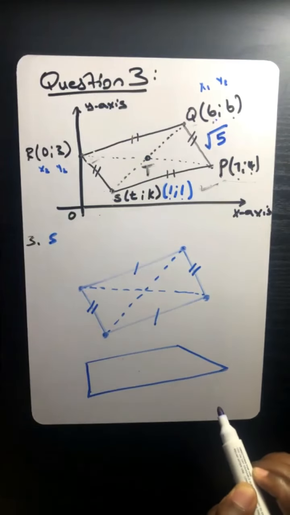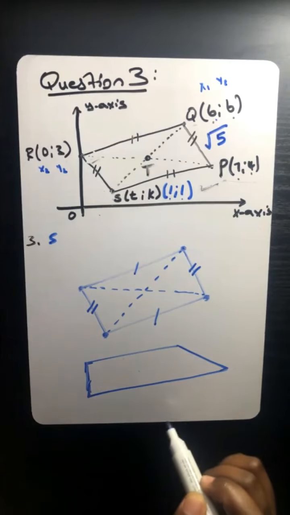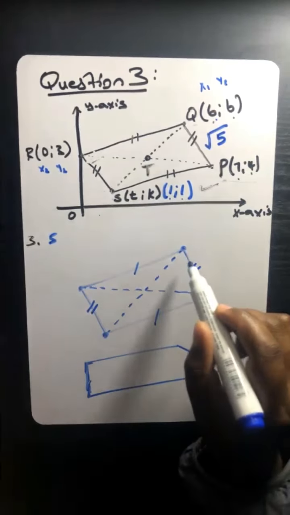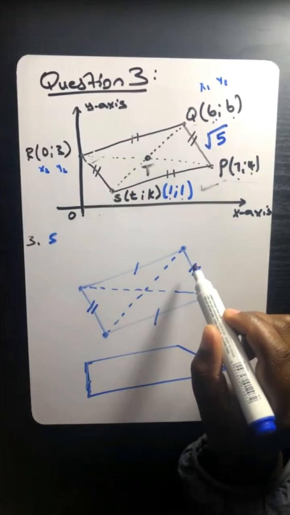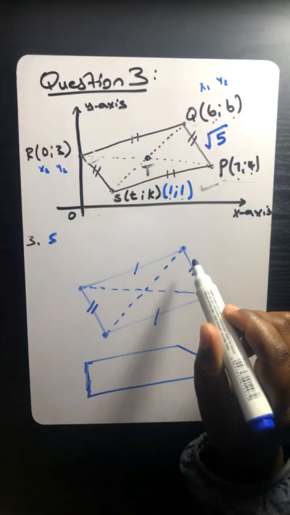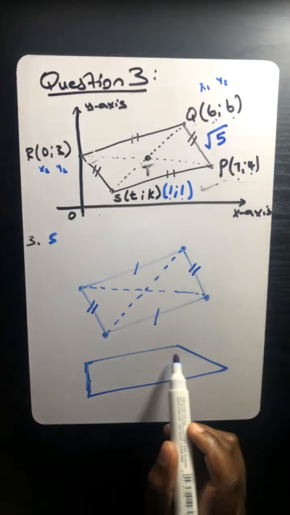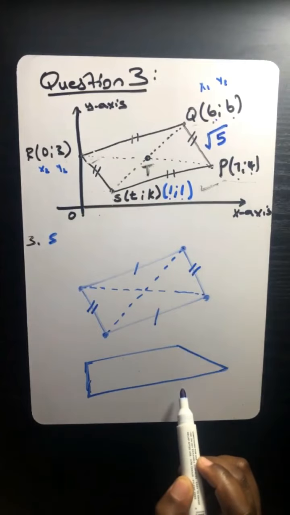I think we'll make sure to go through that image that I sent about parallelograms. So this is a parallelogram, which is a quadrilateral, which is a rectangle. Let's say this is also a quadrilateral, but it's not a rectangle. Why?